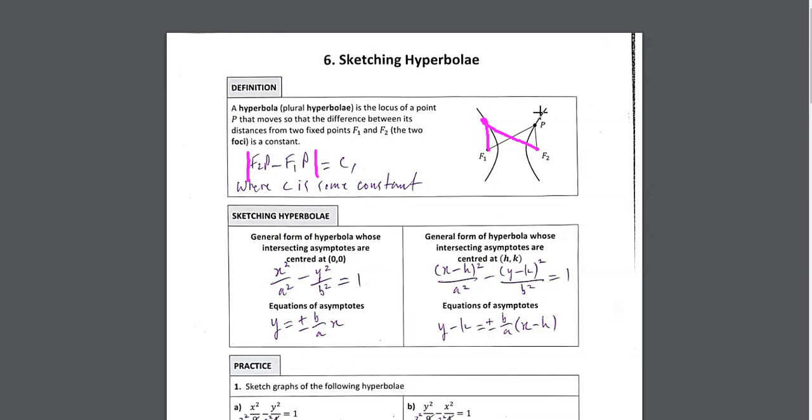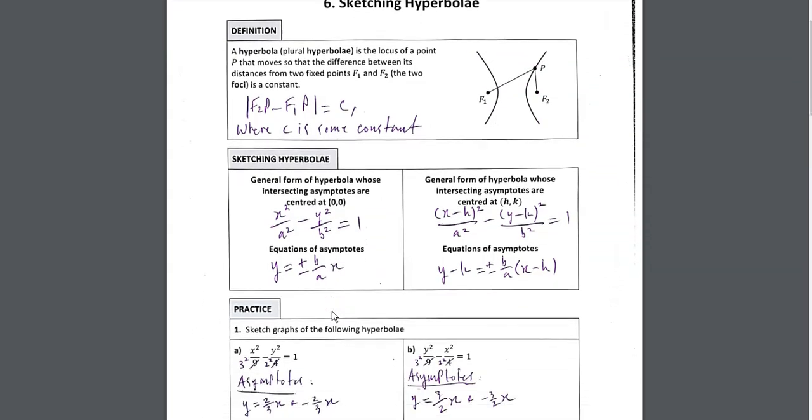And by putting a dot in every single place that satisfies this rule, and there's infinitely many dots along our graph, we come up with a hyperbola. So it's pretty nifty.